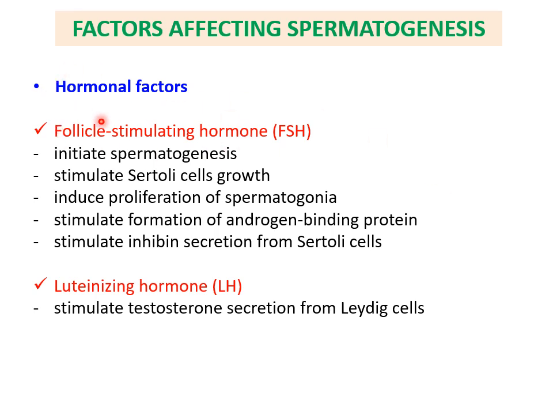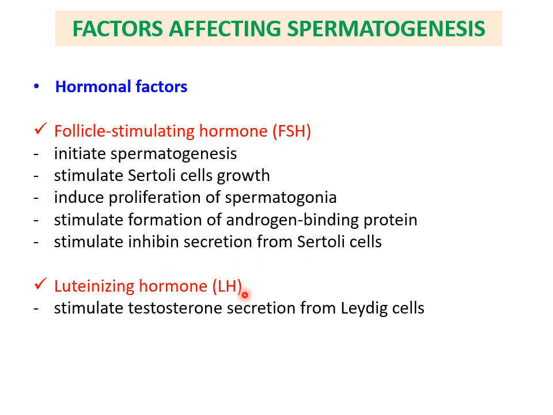The follicle-stimulating hormone, FSH, is important in initiating the spermatogenesis. It stimulates the growth of the Sertoli cells. It induces proliferation of spermatogonia. It stimulates the formation of androgen-binding protein, and it stimulates the secretion of inhibin from the Sertoli cells.